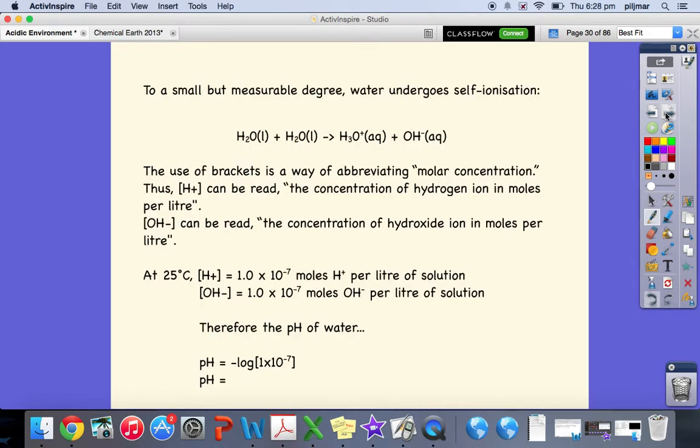If we can imagine now a beaker of water, and you've got all of those little molecules moving around and flowing about, bumping into each other, all that sort of stuff.